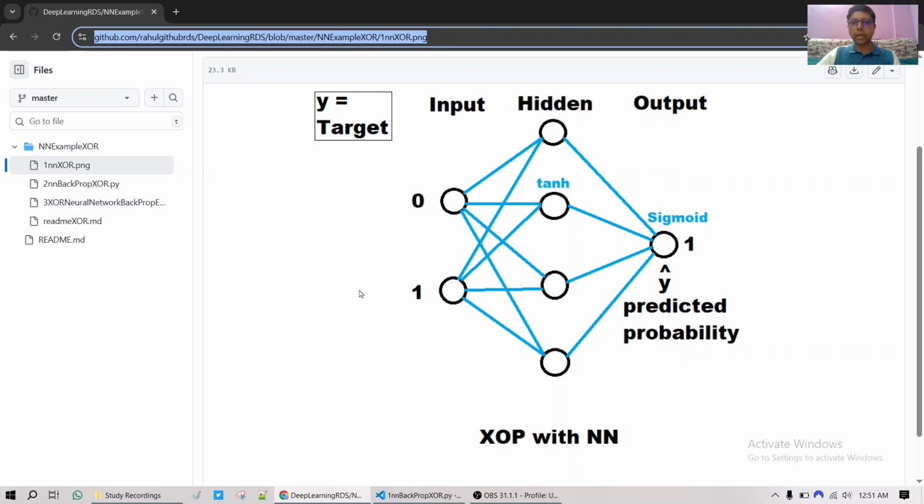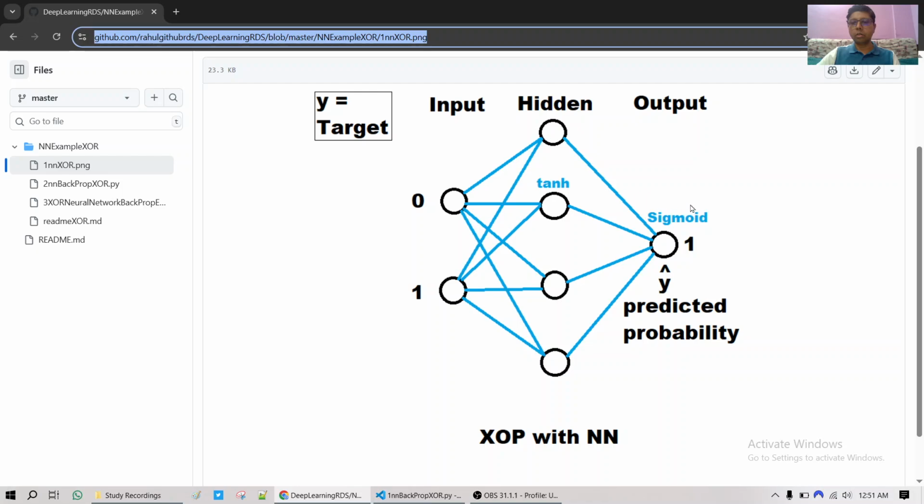Let us understand. As you know, we have an XOR problem. We provide inputs 0 1, 1 0, 0 0, 1 1, right? And then this input is provided to the neural network. What we are going to test is how the neural network is learning and how it is jumping to the conclusion with the predicted probability of the XOR concept for 1 or 0.